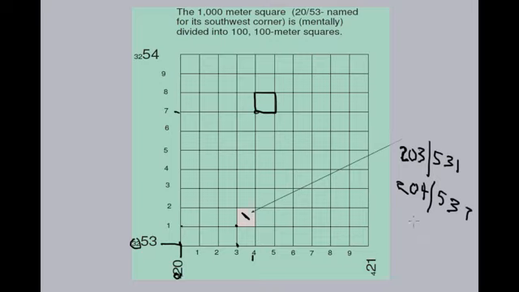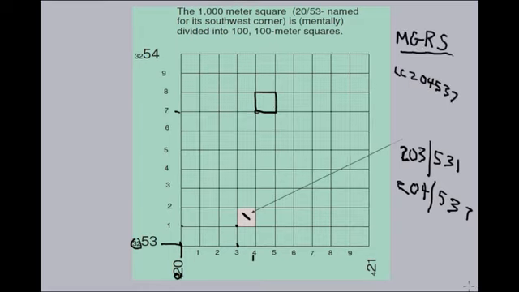Or you can go all the way out to a 1-meter square, in which case you would have a 10-digit coordinate. But for most land navigation purposes, just simply identifying yourself within a 100-meter square is sufficient.